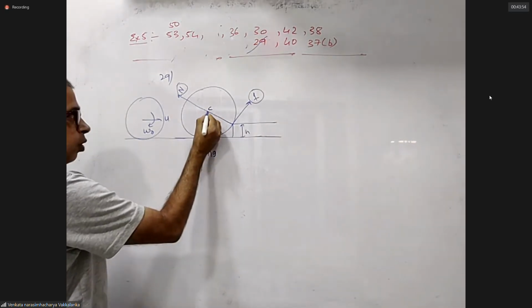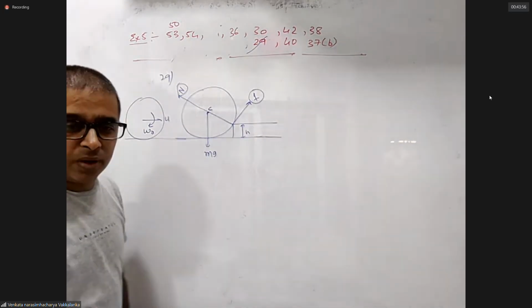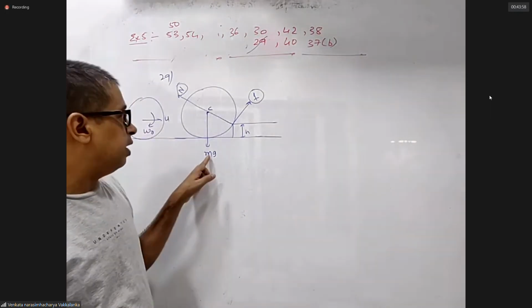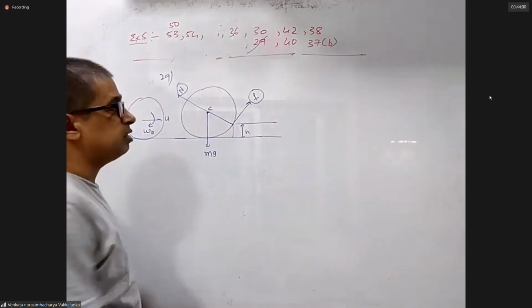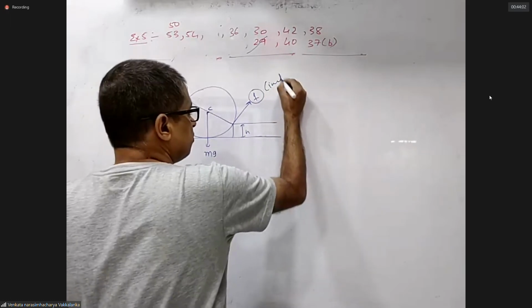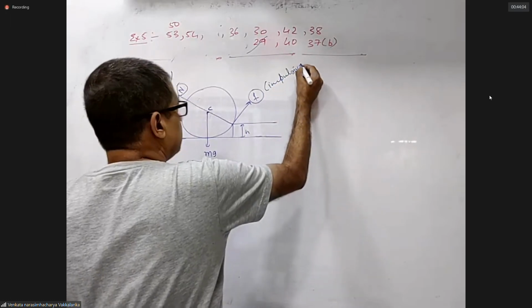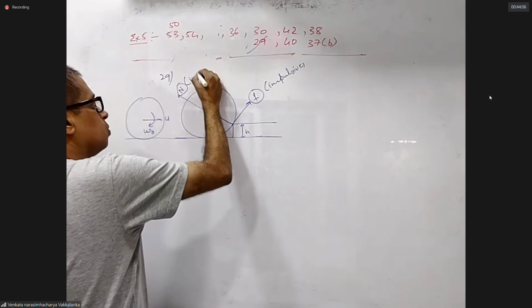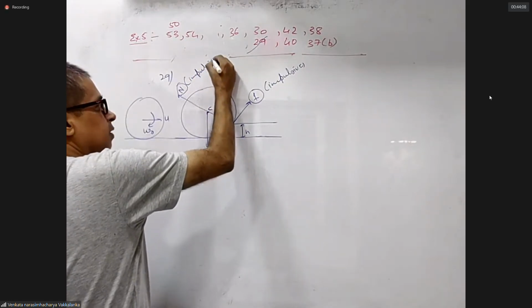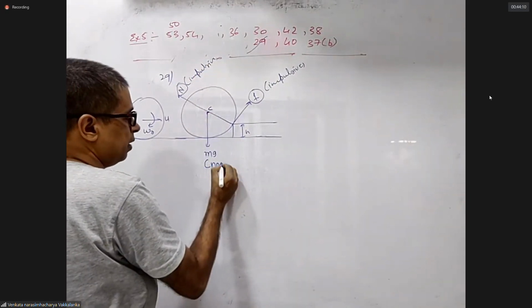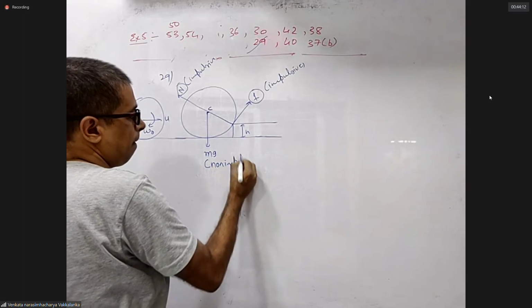Second, you cannot conserve angular momentum about C directly because friction is an impulsive force here and the normal force is also impulsive, while this is non-impulsive. Agreed?